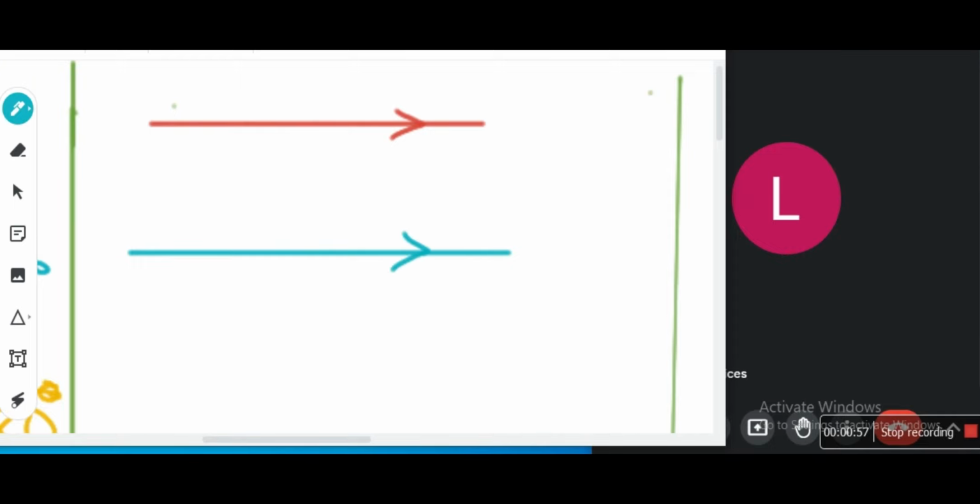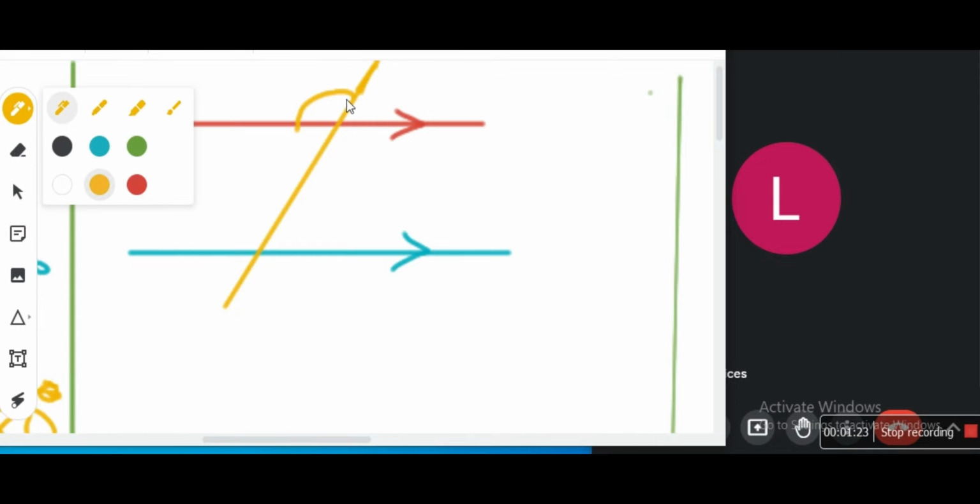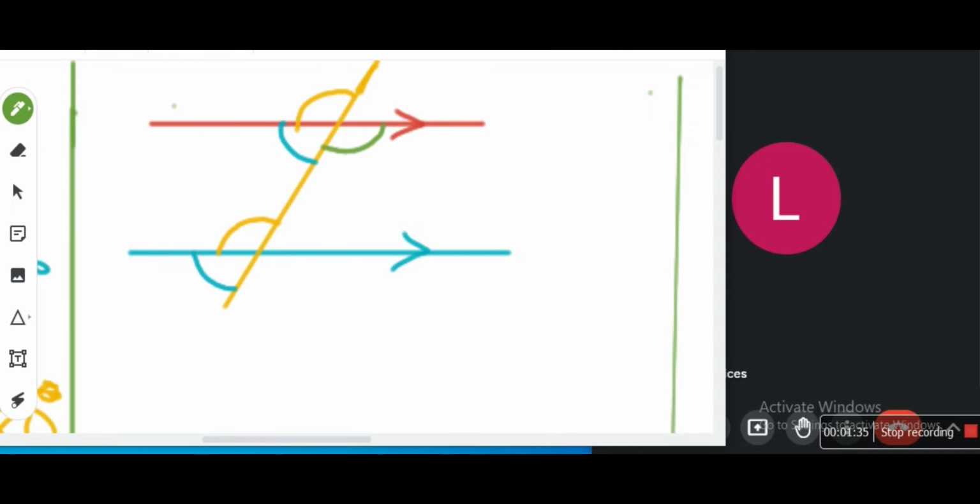So when you have two parallel lines, and you have what we call a transversal cutting across them, certain important angles are formed. So we name them. Now this angle, I'm going to just letter them. This angle, this angle, and this angle.